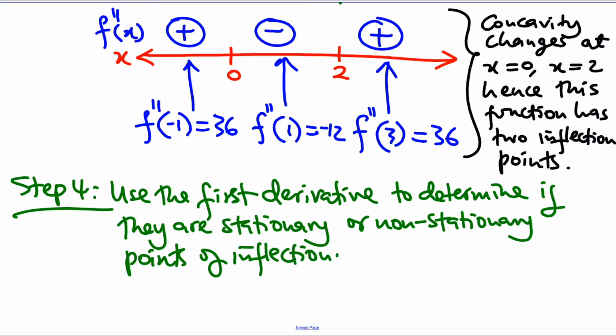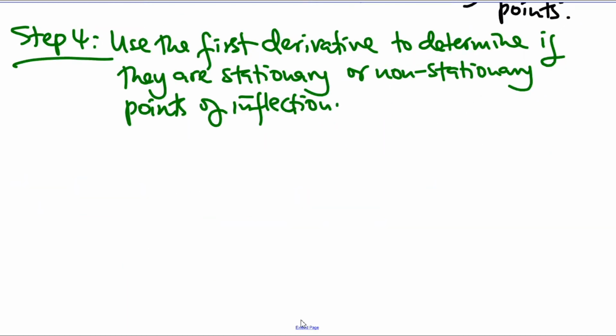Okay, so we need to use the first derivative to determine if they are stationary or non-stationary points of inflection, which means we need to plug these values into the first derivative.